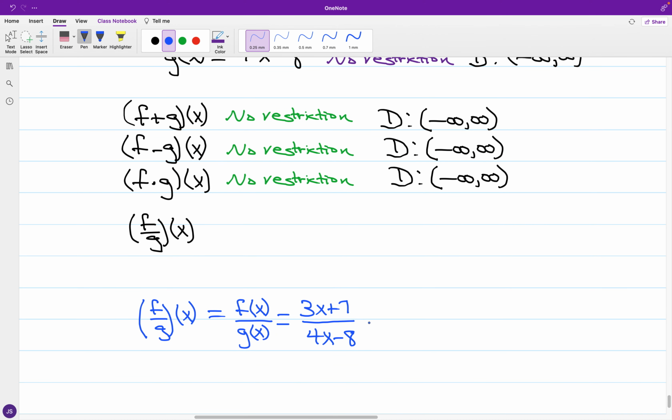And guess what? Since the denominator cannot be 0, we do have an imposed restriction for the quotient function, and that is that 4x minus 8 cannot be 0. So we had that 4x cannot be equal to 8, and thus x cannot be equal to 2.